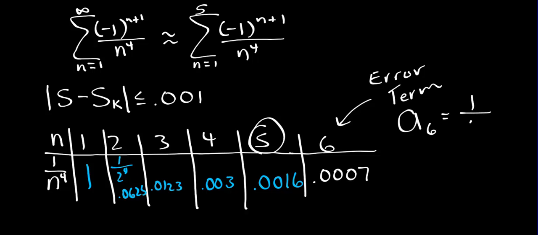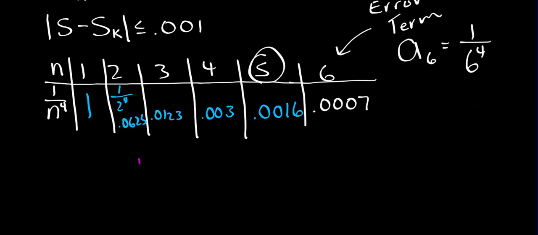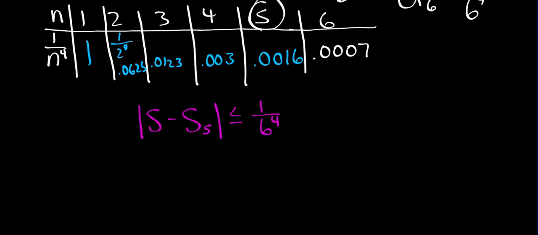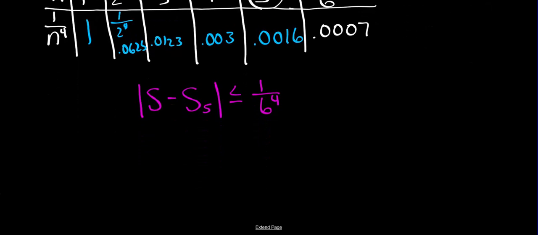It's 1 over 6 to the fourth. So let's take a minute to see what we've got here. If you take the true sum minus the fifth partial sum, that's going to be less than or equal to 1 over 6 to the fourth. And notice it was very easy for us to do that.